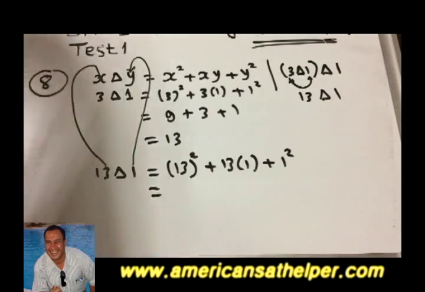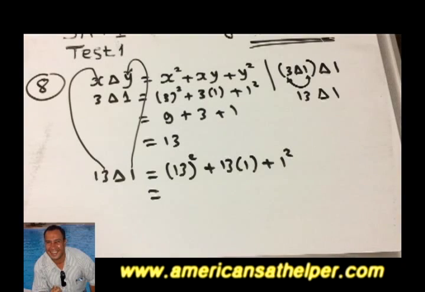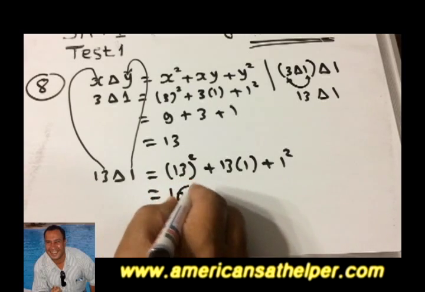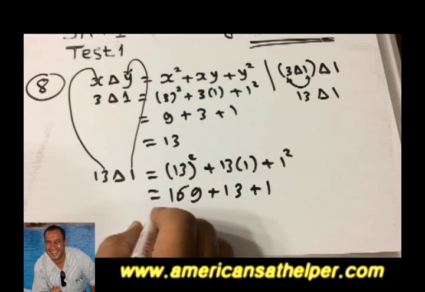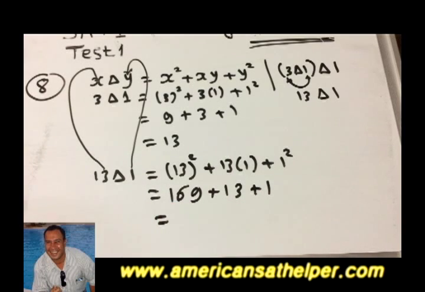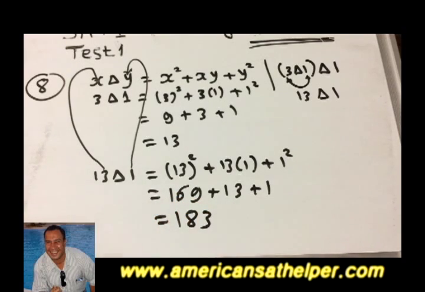You can use a calculator to find 13 squared, which equals 169, plus 13 times 1 is 13, plus 1. The final answer will be 183.